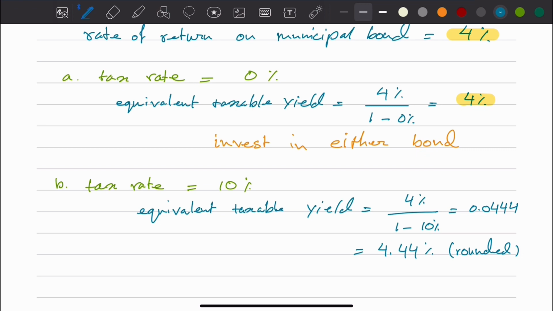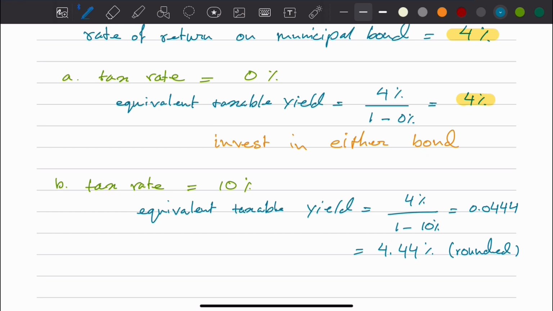So in this case, what would be best for the investor if he has an option to invest in a municipal bond that offers him 4%?